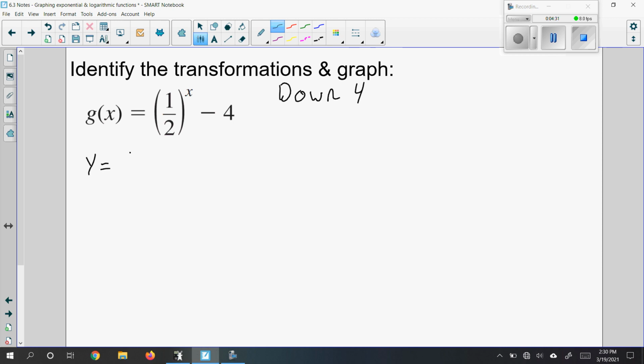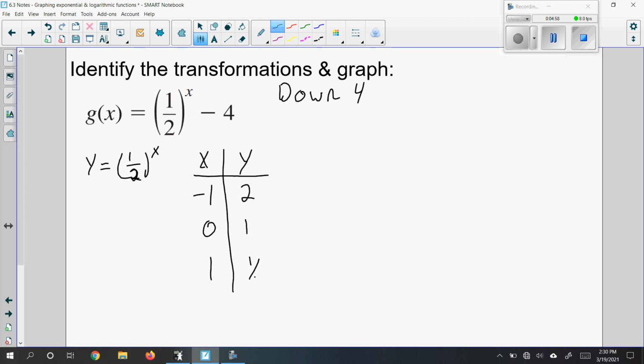The parent table uses the function 1/2 to the power x. We're going to use the x values -1, 0, and 1, and we'll plug these in for x. So 1/2 to the power -1 is 2. 1/2 to the power 0 is 1, and this is 1/2. And the horizontal asymptote is y equals 0.